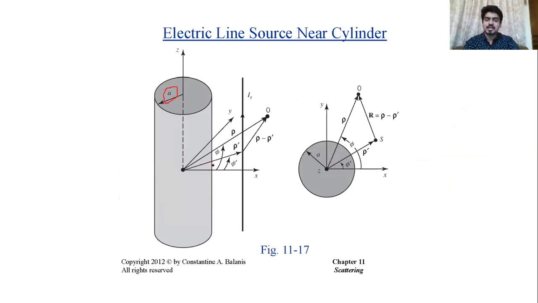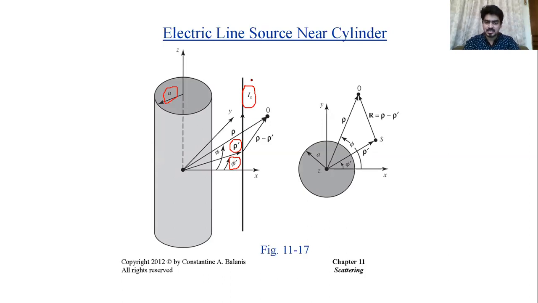The prime coordinates rho prime and phi prime denote the location of your line source. Here we have an electrical line source which carries a current I_s, located at radial distance rho prime from the z-axis, with phi prime angular displacement from the x-axis.